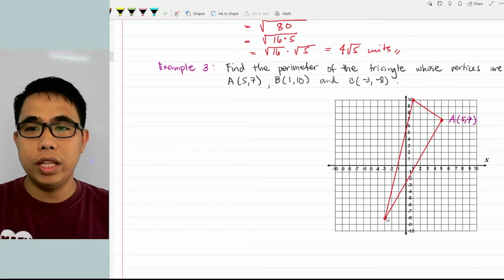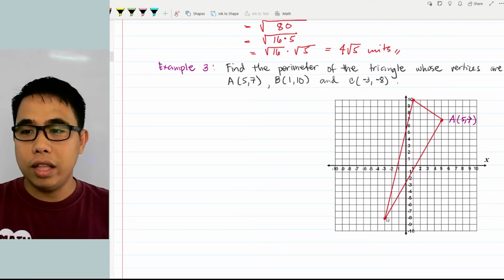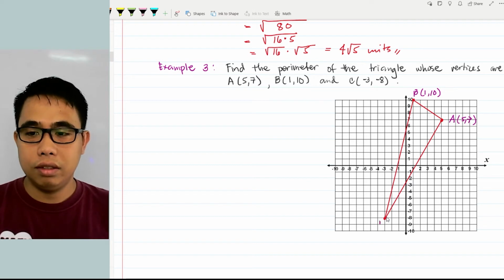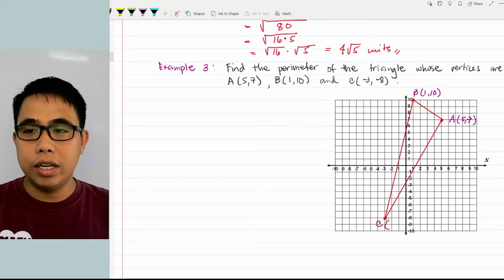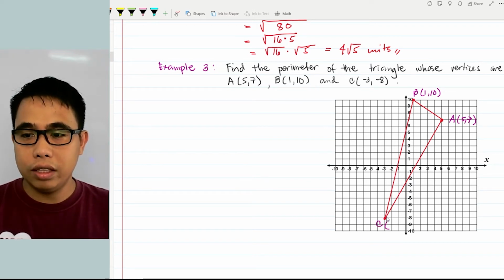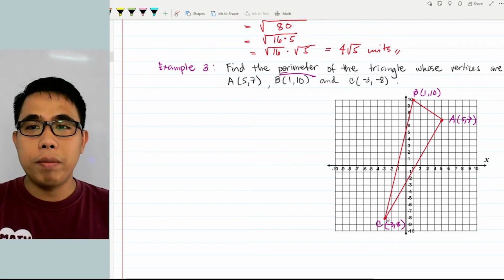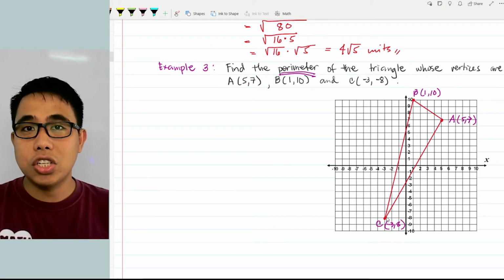Point B with coordinates 1, 10. So 1, 10. This is your point B. And for C, the coordinates are negative 3, negative 8. Okay. So we are going to find the perimeter of that triangle ABC.